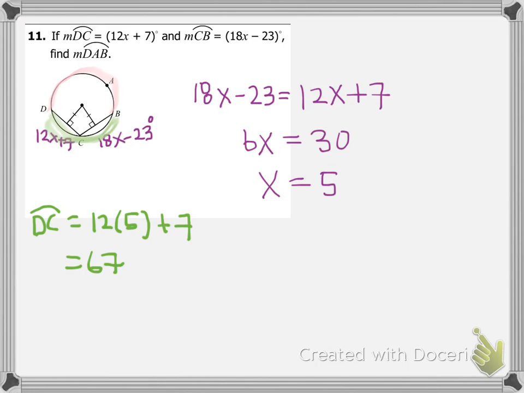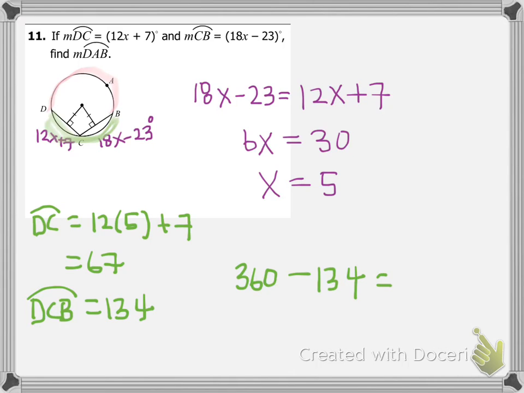So that's the same thing as the CB, so that times 2, right? So 67 times 2 is going to give me 134. So DCB is going to be 134. So subtract that from 360. That is going to give me 226. And that 226 is going to be the measure of DAB.